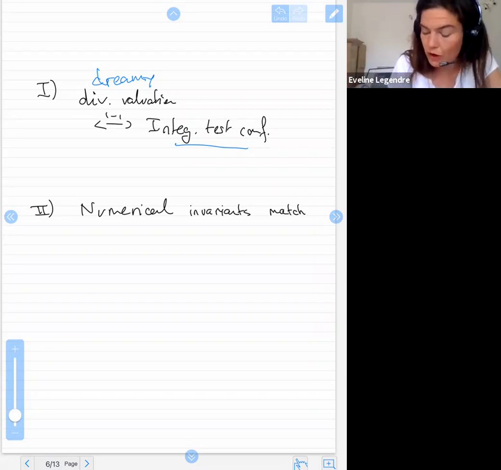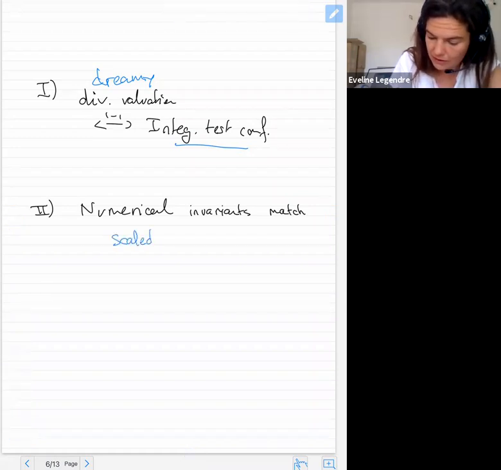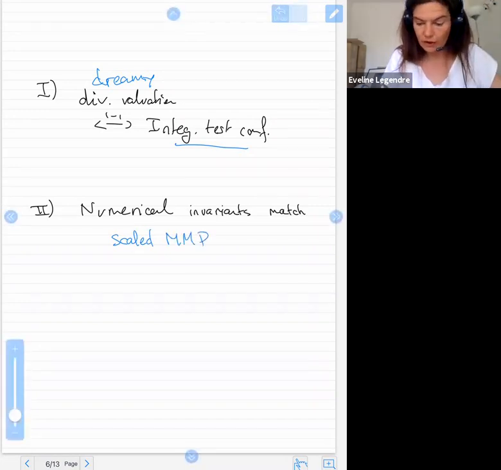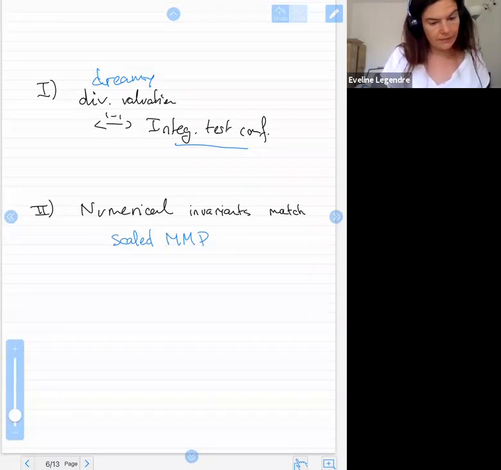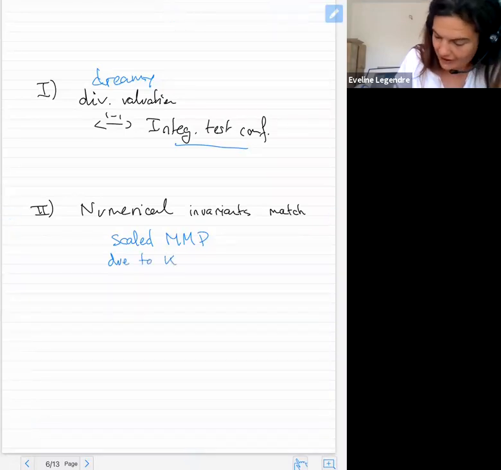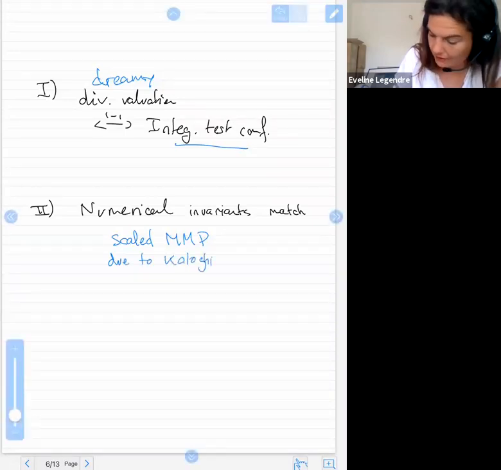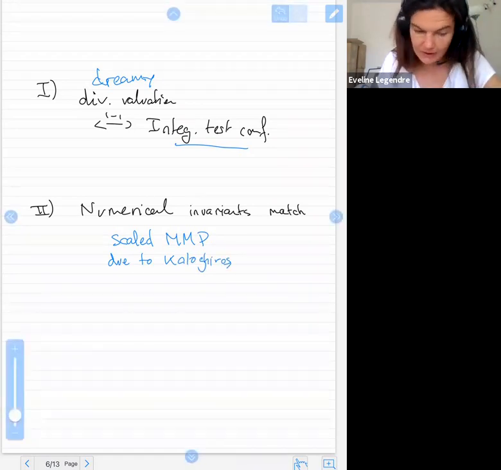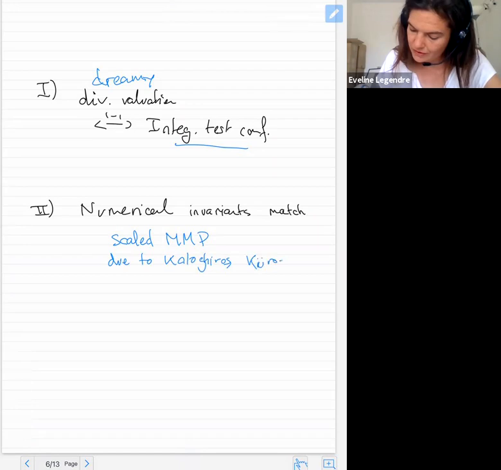It needs some work, and a very non-trivial tool we use to prove that the numerical invariants match is the scaled MMP, which is due to Kollár, Kovács, and Lazić... sorry, I'm certainly not pronouncing that right, in 2010.